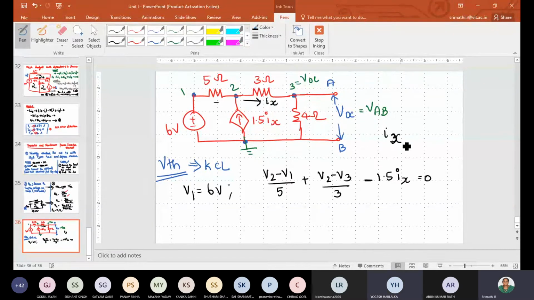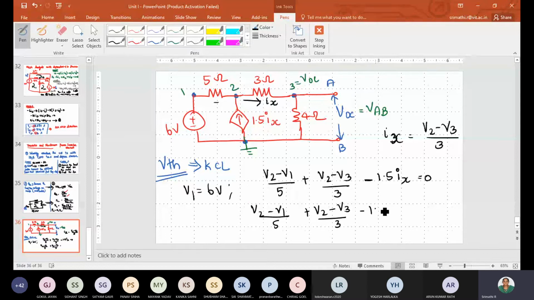Current is flowing from 2 to 3, so this node potential is higher. So Ix is (V2 minus V3) by 3. So (V2 minus V1) by 5 plus (V2 minus V3) by 3 minus 1.5 (V2 minus V3) by 3 is equal to 0. Is it clear? Yes, ma'am.